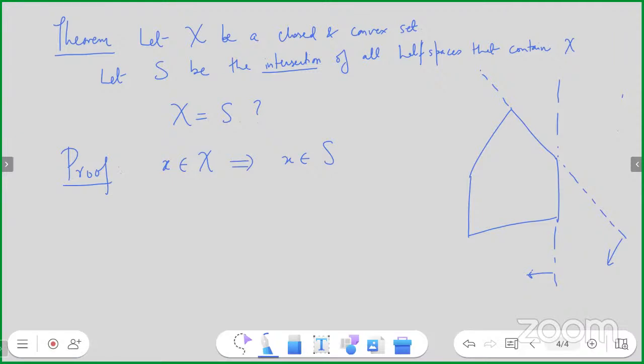Now let's say, suppose there exists x belongs to S, but x does not belong to chi.